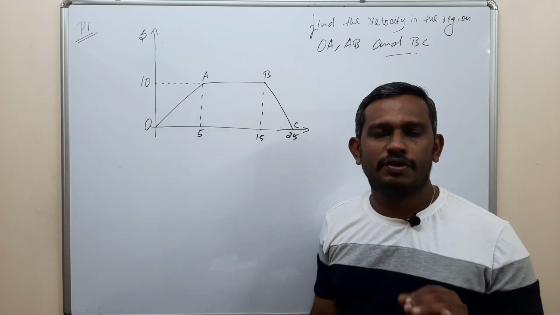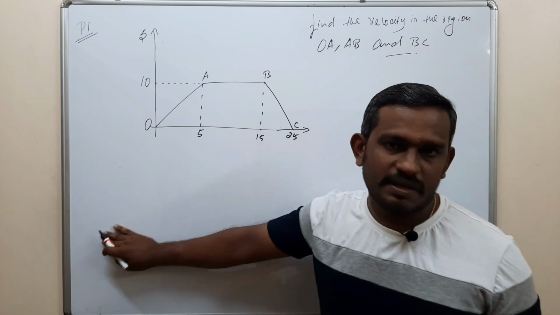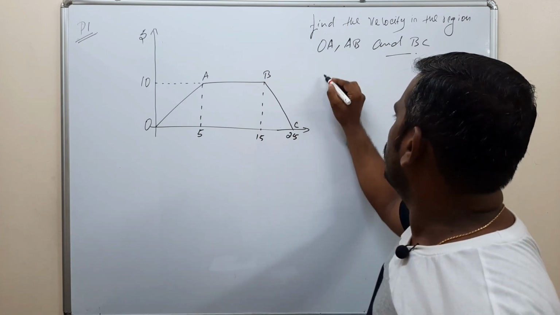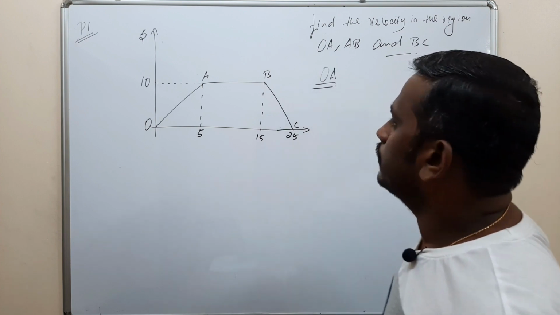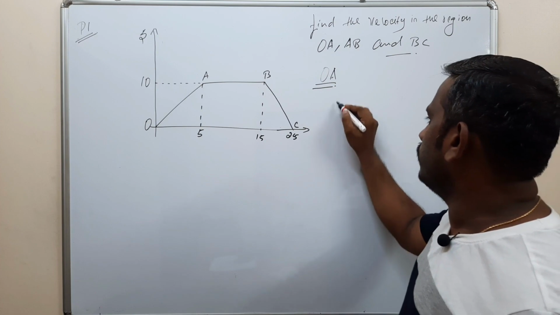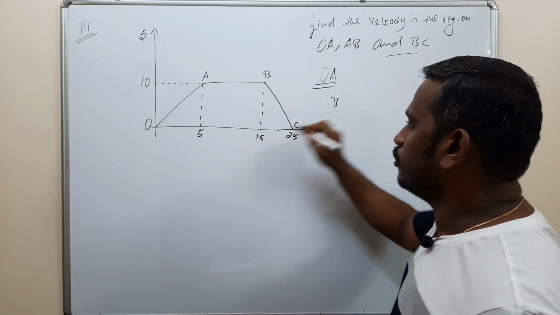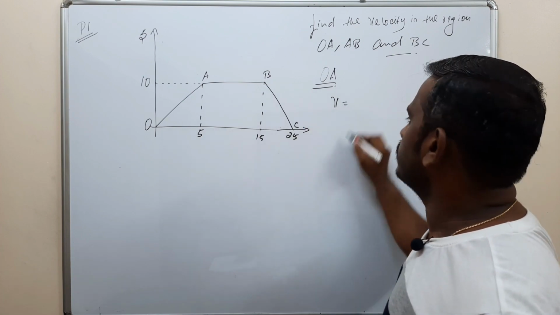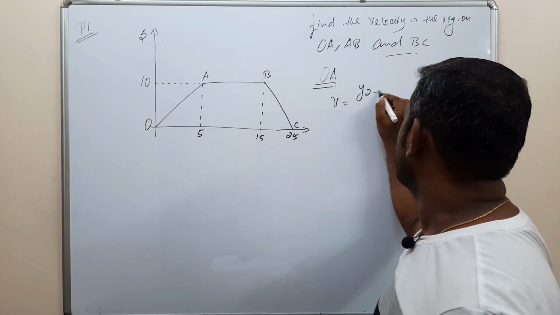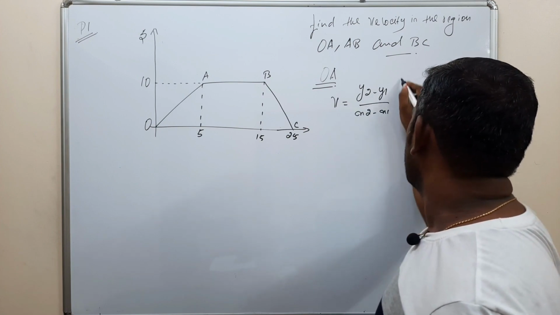So dear students, we know that the slope of the displacement time graph gives the velocity. So first I am considering the region OA. So velocity is nothing but the slope of the displacement time graph. So V is equal to y2 minus y1 divided by x2 minus x1.